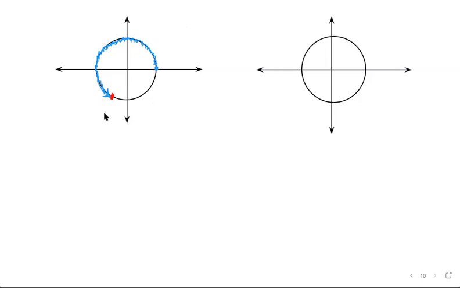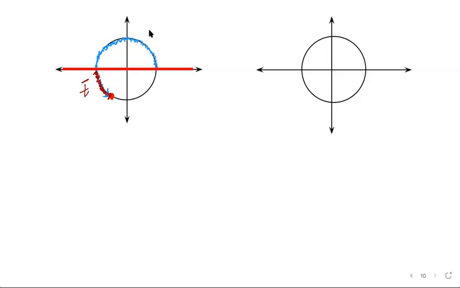The reference number again is the shortest distance between the x-axis, this is my x-axis, and the terminal point. This is my terminal point. So the shortest distance between the x-axis and the terminal point is this. So this is my t bar.